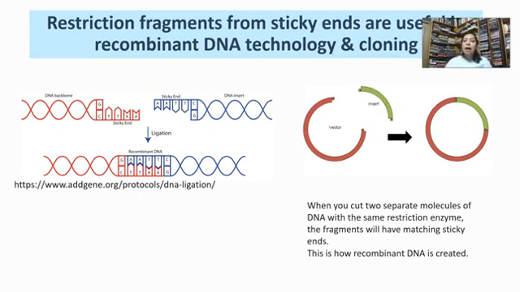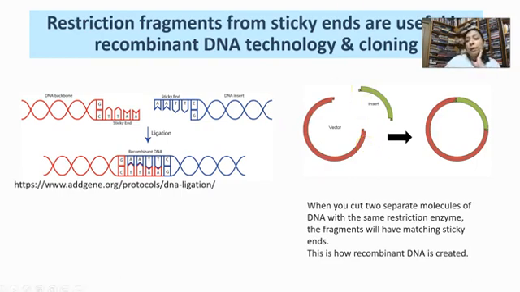Either way, this is how we would use it to create or clone our DNA into some type of a vector, some type of a backbone to work with. This DNA backbone is usually a plasmid, a circular piece of DNA that we are inserting this clone in.